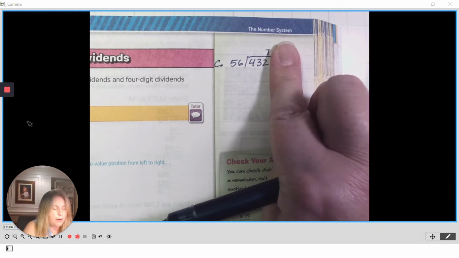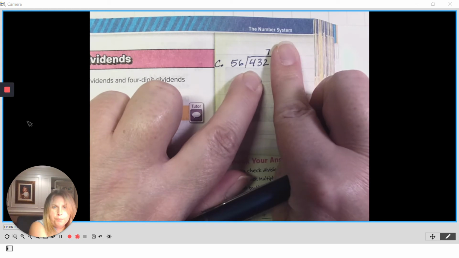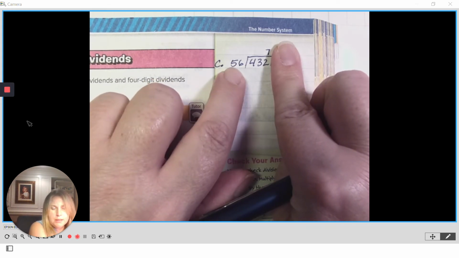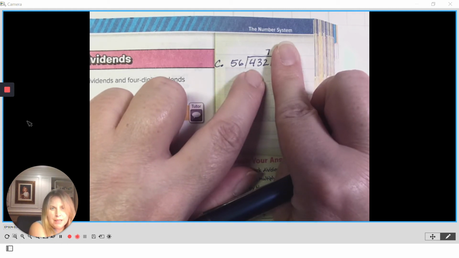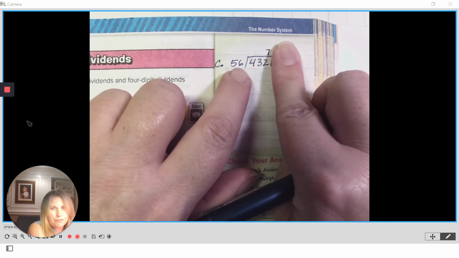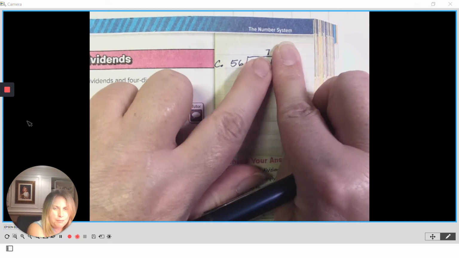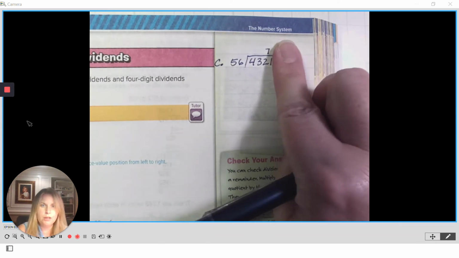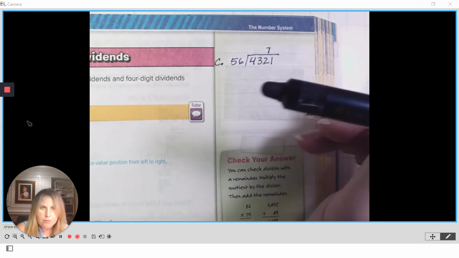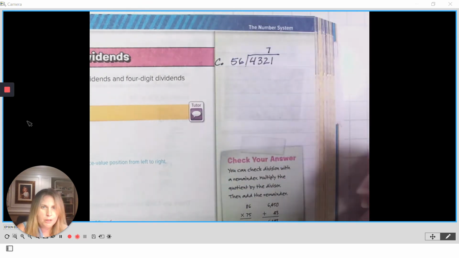So I rounded 400 down, and I rounded that down to 50. 50 would go into 400 8 times, but this is 432, and it's 56, not 50, so I'm going to try a 7. It might be an 8, but I think it's going to be closer to 7, so we'll try the 7 first. And if it's wrong, we write it in pencil in math. I'm using an erasable pen, so we can always fix it.